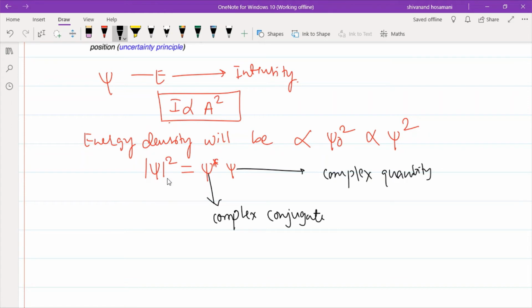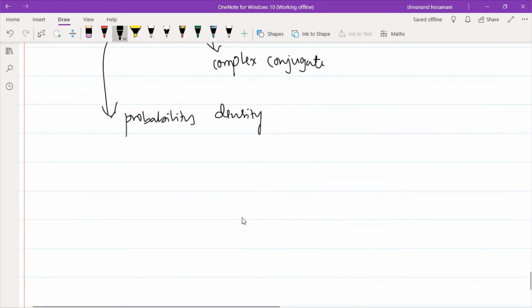If I take the mod of psi square, or the square of the amplitude of this wave function, this will give the probability density. Probability density is the quantity that gives the possible existence of that wave function in a particular region, that is in 3 dimensions. So if I consider the 3-dimensional element, that is d tau equal to dx dy dz.